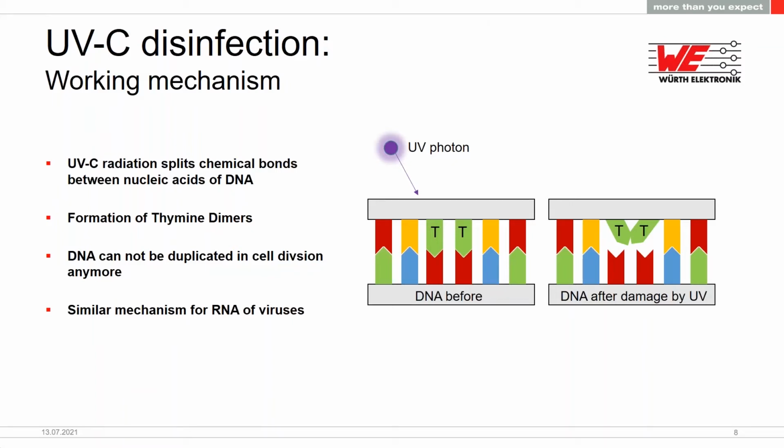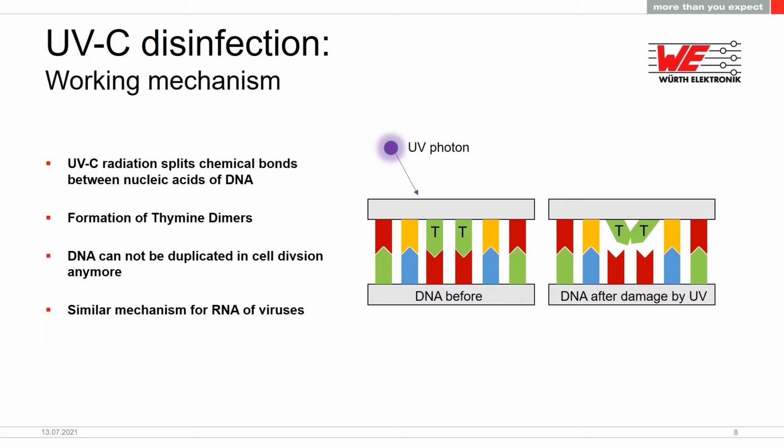So let's dive into the working mechanism, how this UV disinfection actually works. So here I have a sketch of DNA. And what happens when the UV photon hits the DNA? It actually splits some nucleic acids of the DNA, and then you have some formation of thymine dimers.